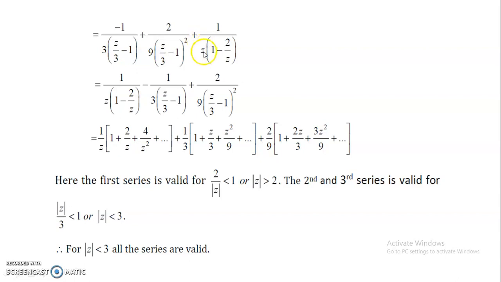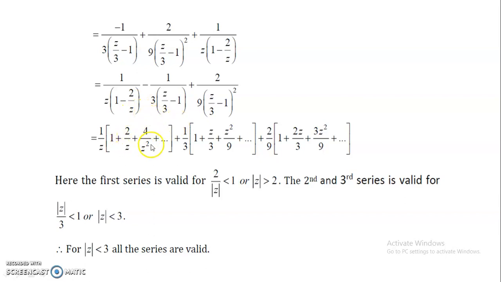Once we have taken all the constants and variables outside, we expand using the binomial expansion. The expansion of (1 minus 2 by z)^(-1) is this.